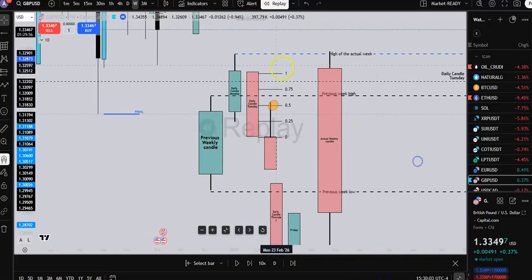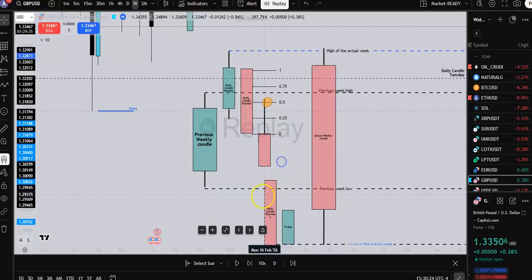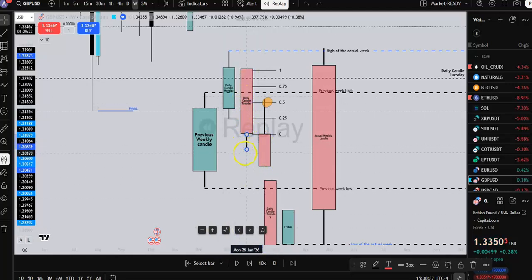If we project this on our example, this is the previous weekly candle: we sweep the high, we reverse, we get back inside the range, we make an engulfing, we retrace to 50% of this candle, and we close below. Here we can't expect a continuation. Why? Because we reached below the previous daily candle low and closed below it.